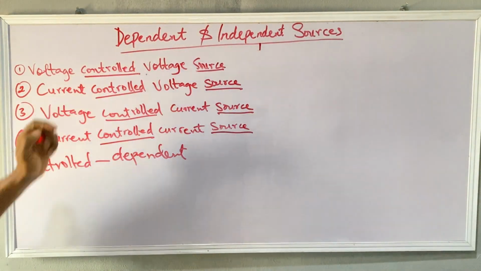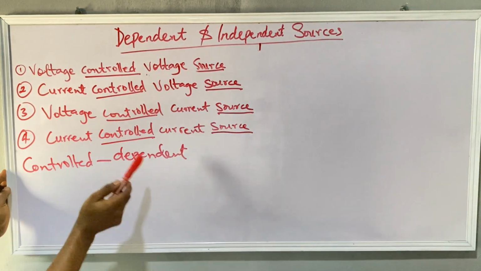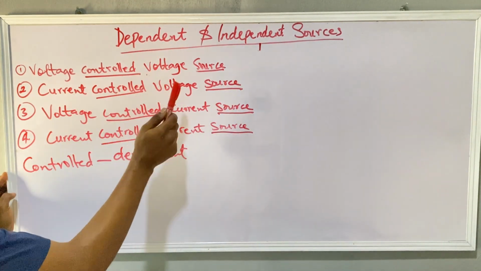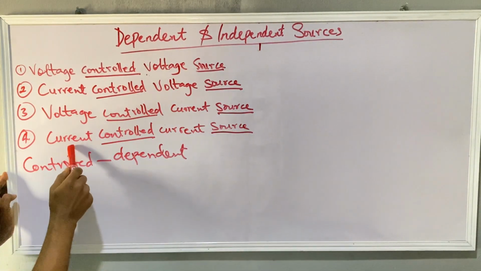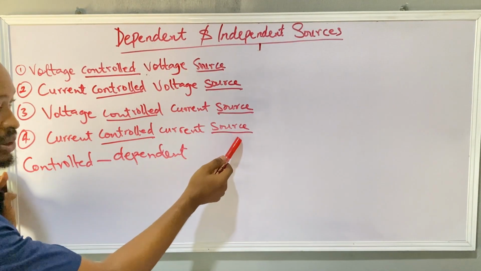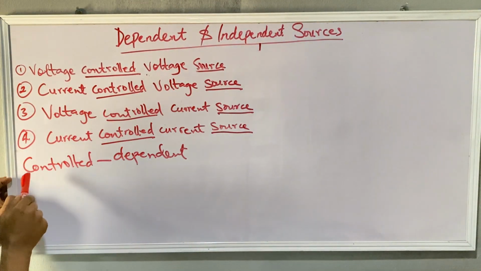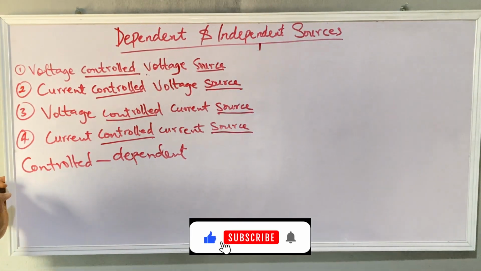We can call this one voltage dependent voltage source, current dependent voltage source, voltage dependent current source, current dependent current source. In some textbooks, you will see controlled. In some textbooks, you will see dependent. So anyone is actually fine.